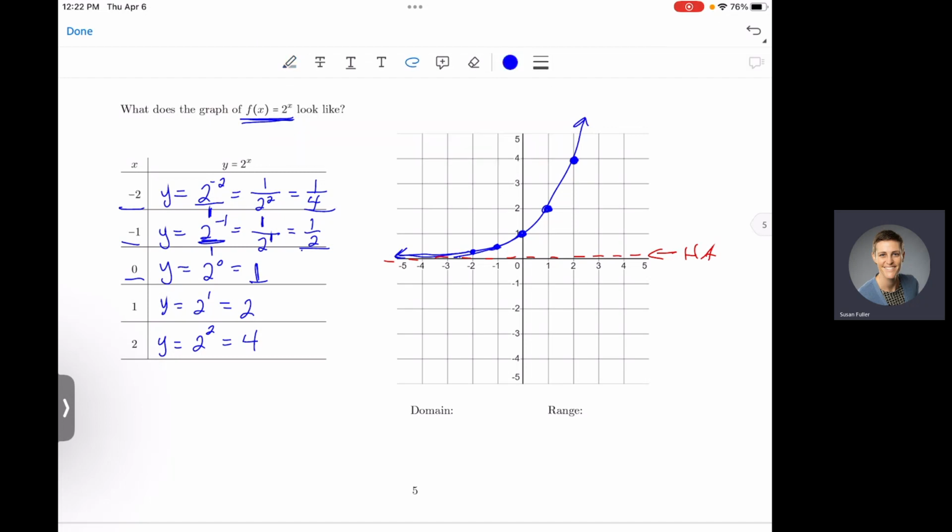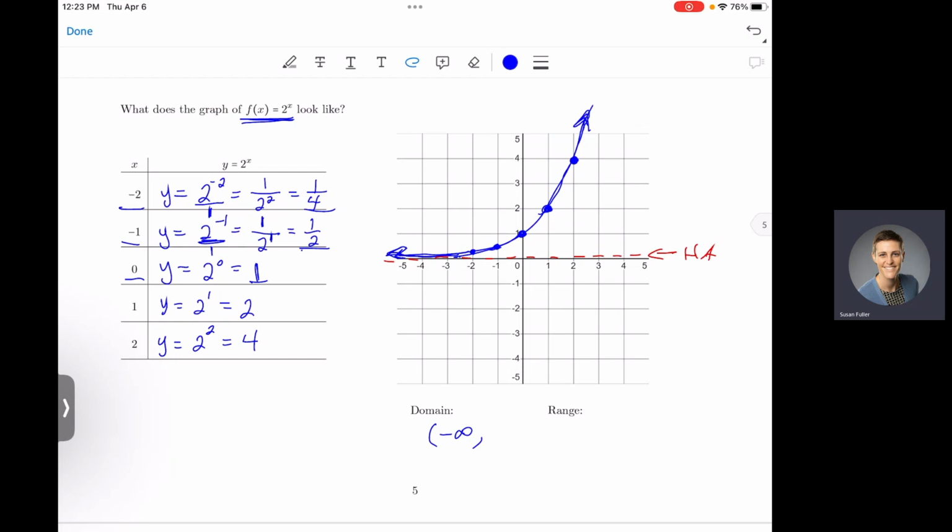Now let's do the domain and range of this function. The domain of this is the x values that it covers. This continues on forever to the left. That means the x values are covered all the way down to -infinity. And this continues up and over forever, which means it's going to continue moving to the right and covering things.